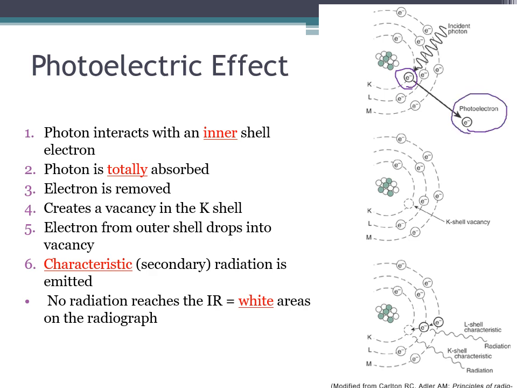It creates a vacancy, so an outer shell electron will fill the inner shell, and we get characteristic or secondary radiation that's emitted. But that secondary characteristic radiation only travels a few micrometers, which is 1,000 times smaller than the thickness of a dime. So it doesn't contribute to the image at all. So no radiation reaches the image receptor, and we get our white areas on the radiograph.